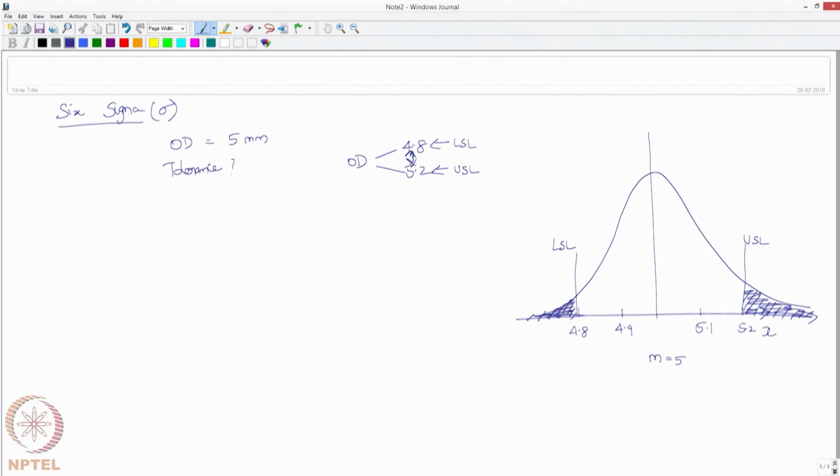Now, we will go back and see where that number 3.4 parts per million comes from, because 6 sigma means 3.4 parts per million. But right now you just take it granted from me that 6 sigma means it is 3.4 parts per million.